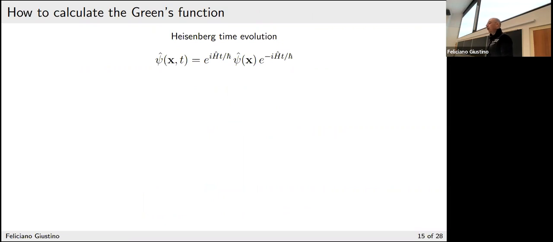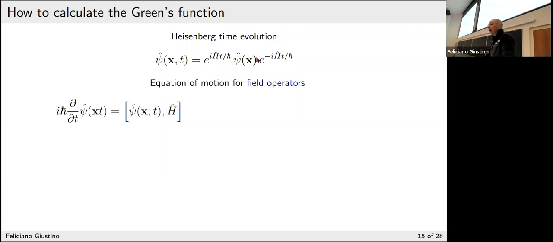So to do that, I need to basically go back to the time evolution of the field operators. You remember the Green's function is defined as a sandwich of two field operators. So if we know how field operators evolve in time, we can tell how the Green's functions evolve in time. So what is the time evolution of this thing? I can write the time derivative of this object and see how it looks.